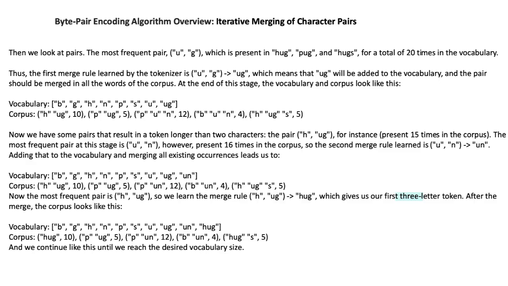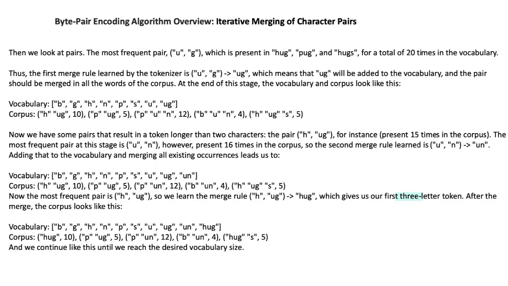Now let's walk through how the BPE algorithm keeps merging tokens step by step. We start by looking for the most frequent pair of characters. In this case, the most frequent pair is U and G, which appears in hug, pug, and hugs, a total of 20 times. So the tokenizer learns its first merge rule: combine U and G into UG. When we update the vocabulary and the corpus, UG becomes its own token. Next, the algorithm looks for the most frequent pair again.